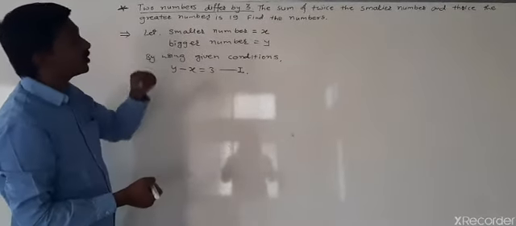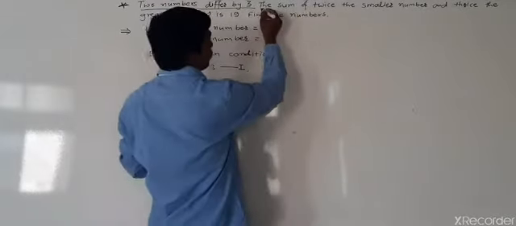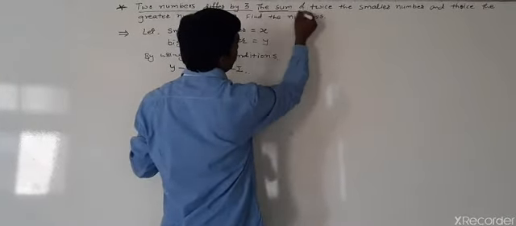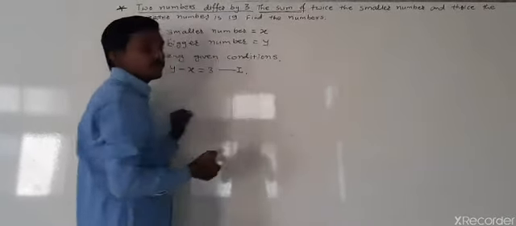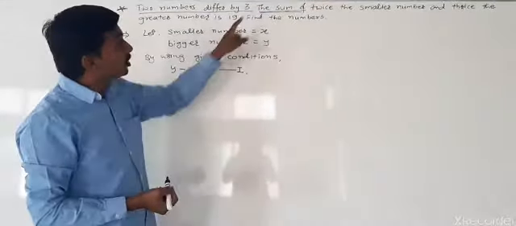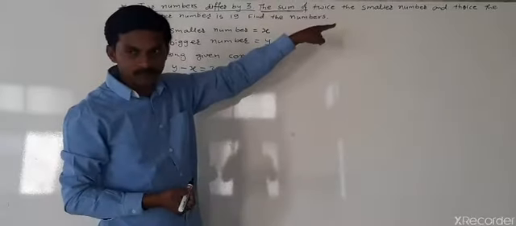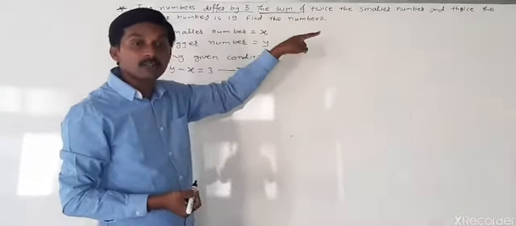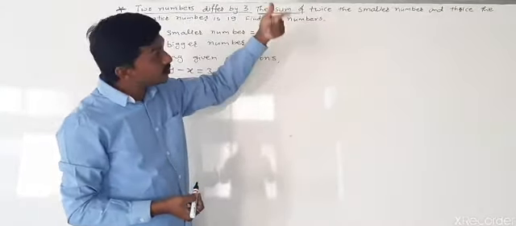Now the second condition, the sum of... whose sum is very important. The sum of twice the smaller number and thrice the bigger number.